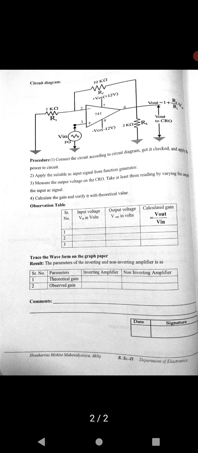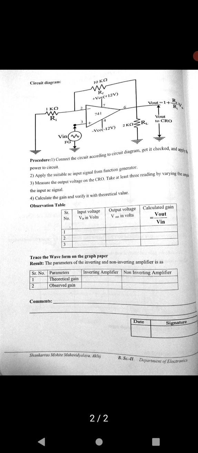In this way the procedure is complete. Then see the observation table: input voltage Vin in volts, output voltage Vout in volts, and calculated gain Vout upon Vin. In both the inverting and non-inverting amplifiers we observe the input as well as the output voltage waveforms, and calculate the gain. Then trace the waveforms on the graph page.